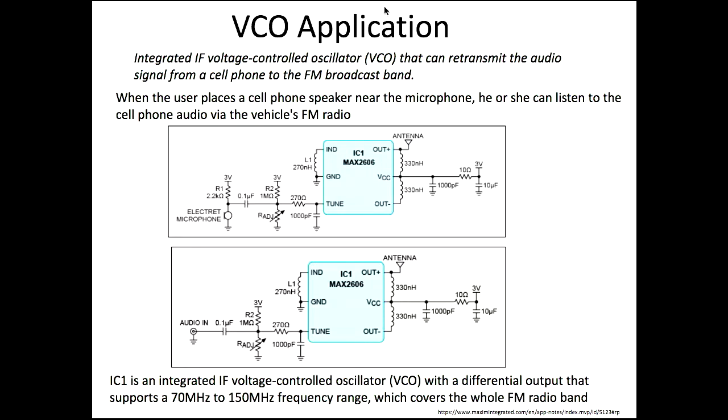For example, an integrated IF voltage controlled oscillator that can transmit the audio signal from a cell phone to the FM broadcast band. What is the use of this? When the user places a cell phone speaker near the microphone, he or she can listen to the cell phone audio via the vehicle's FM radio.